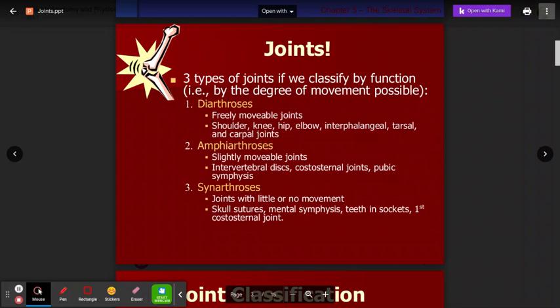Shoulder, knee, think about movement, hip, elbow, interphalangeal, tarsal, foot, carpal, wrist, right? My wrist moving in two directions. Freely movable. You can rotate around. It's not going to break it if you rotate it at any angle.